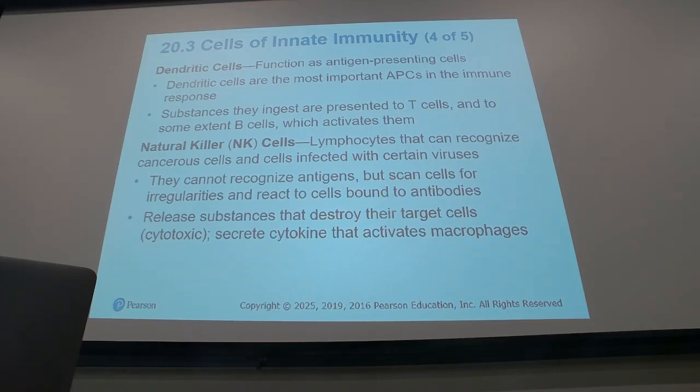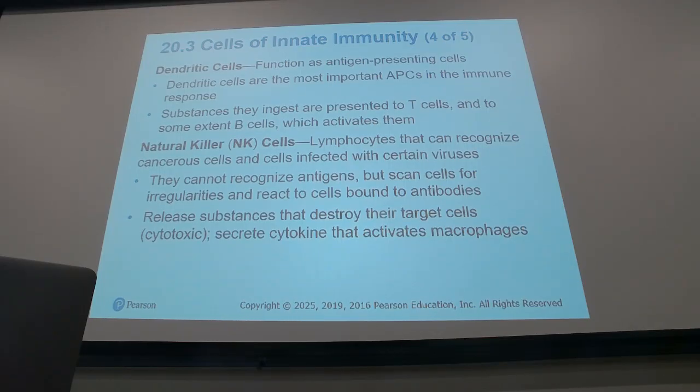Dendritic cells are antigen-presenting cells, and they have a star shape. They have several extensions, like hands or arms, with which they hold antigens and present them to lymphocytes so that the lymphocytes can set an immune reaction.